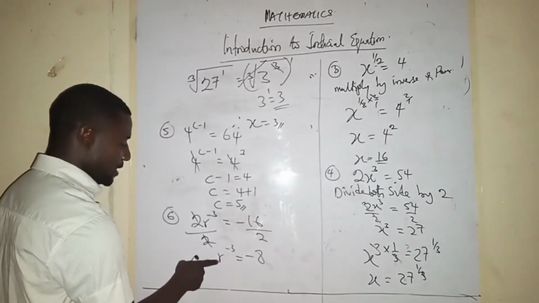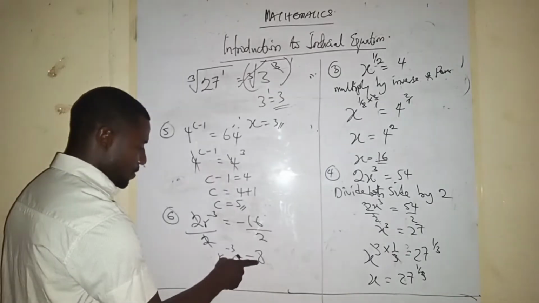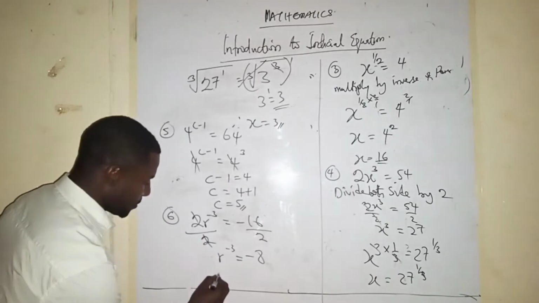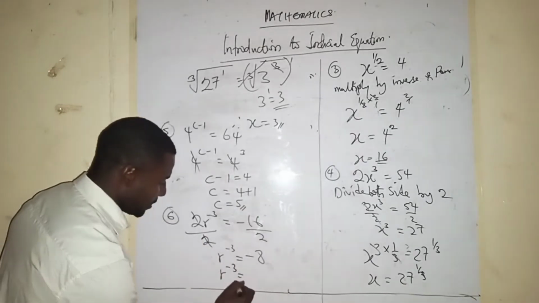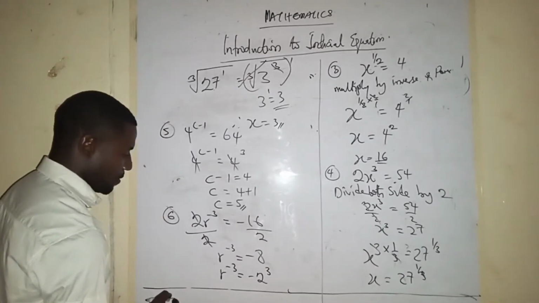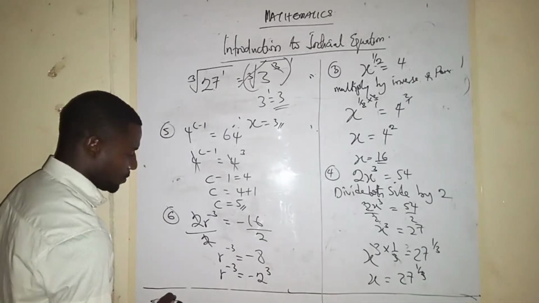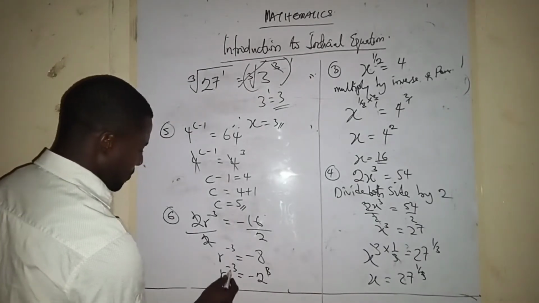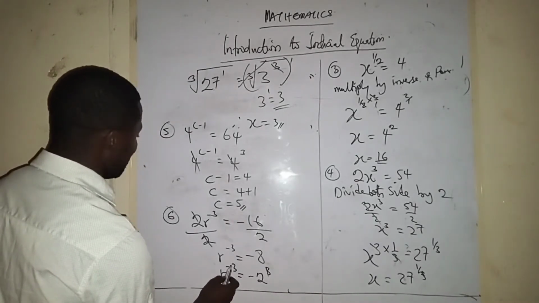Now, let's make an index of 8 so that we can cancel this one here. So it becomes r raised to power minus 3 is equals to 2 raised to power what? 3. Okay? So that the 3 will cancel the 3 here.